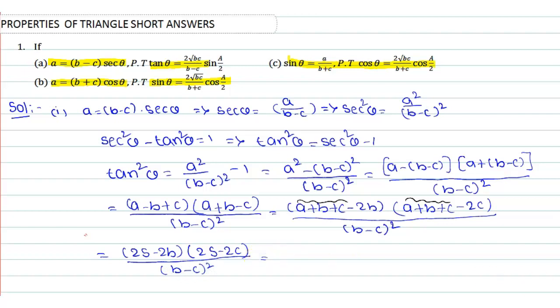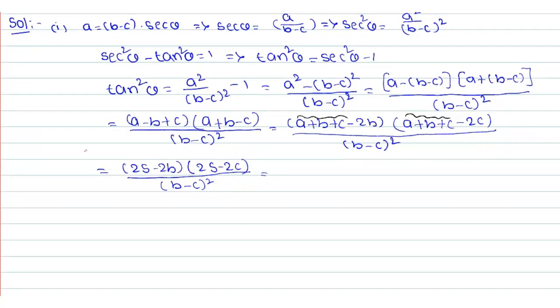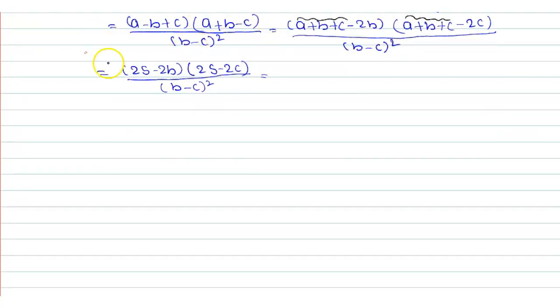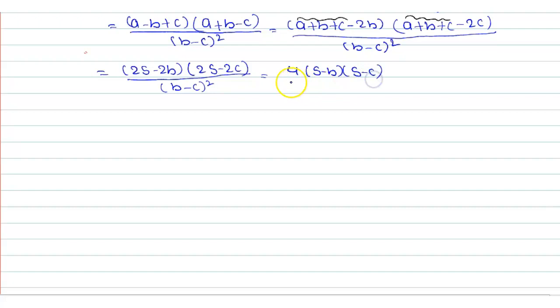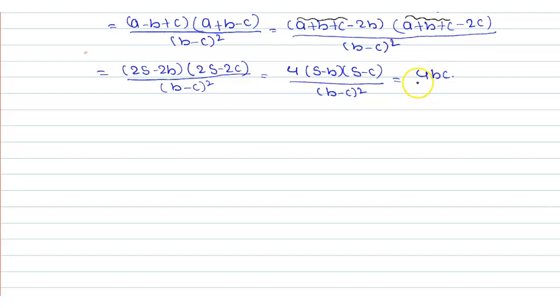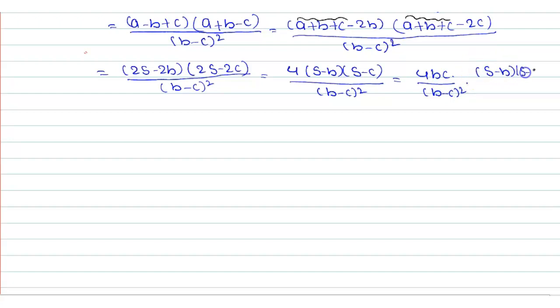Taking common 2 from the first bracket and second bracket, that will become 4 into s minus b into s minus c by b minus c whole square. To get the answer, multiply and divide by bc: bc by b minus c whole square into s minus b into s minus c by bc.